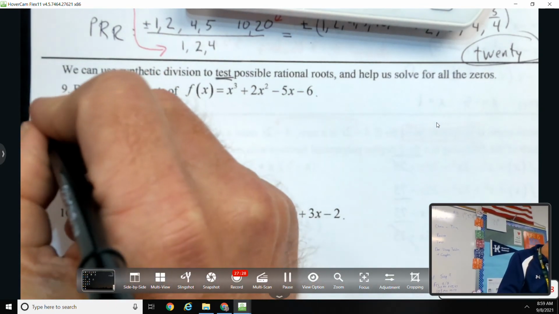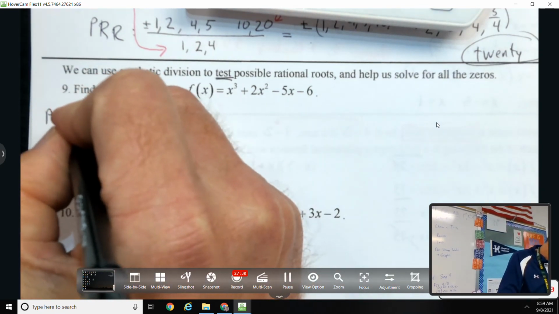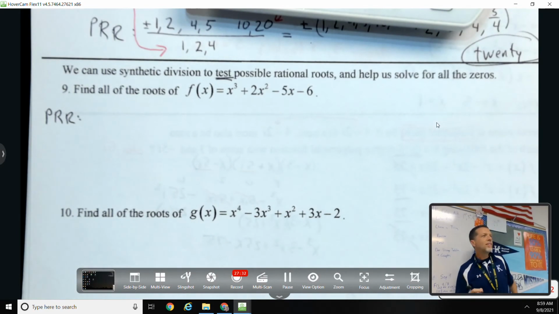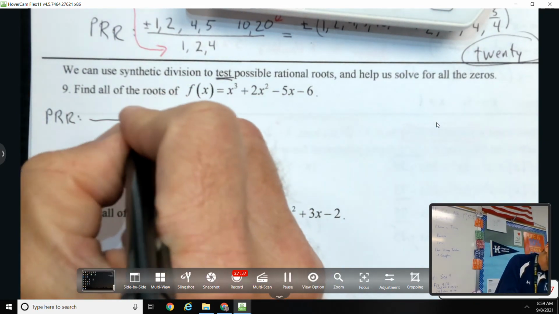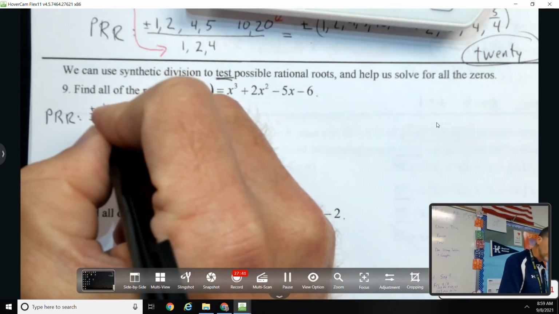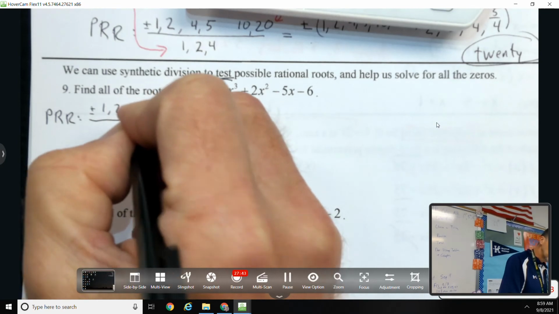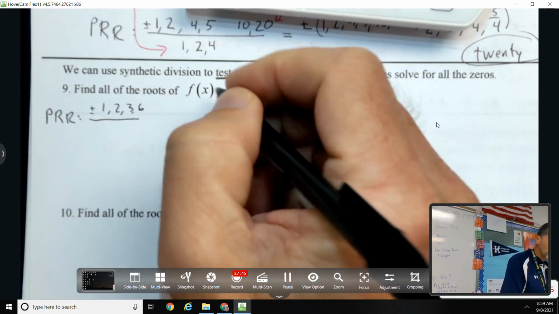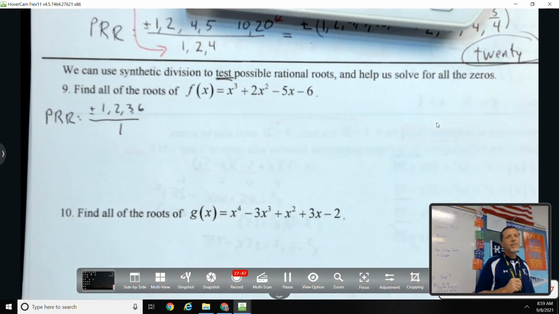Well, I at least know what to guess. It's a game of guess and check, but I'm not just guessing random numbers. I'm going to guess factors of last over factors of first. And it's real nice when the first is 1, because I don't have 20 numbers to check on this one.